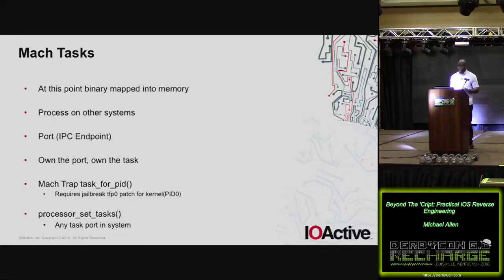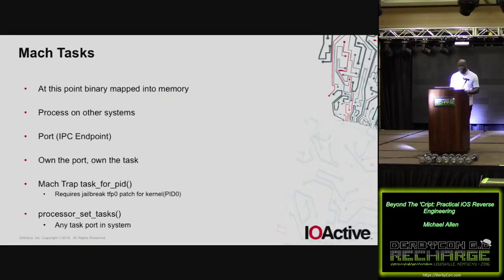So the logical question is, how do you own that port? Two options. You could use the Mach trap task_for_pid, where you pass in the process ID of the process that you are interested in, get a handle, done. Depending on the jailbreak, if it is patched for task_for_pid 0, that means that you could read kernel memory, right?